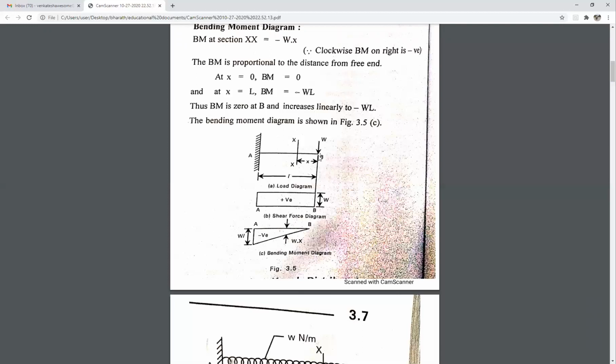Because we already know that all downward forces will be positive for the SFD, and all clockwise bending moments will be negative in case of BMD. That is why the SFD will be positive, because all downward forces are positive, and the bending moment will be negative, because there is a clockwise moment.